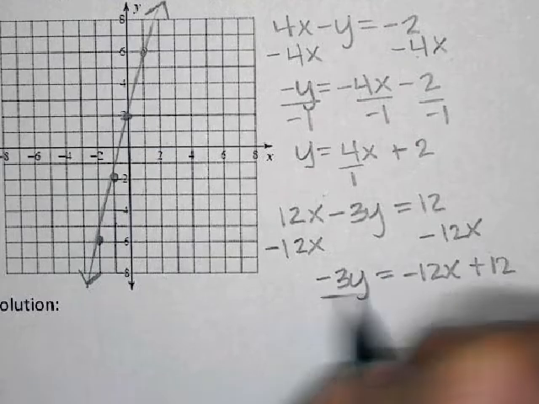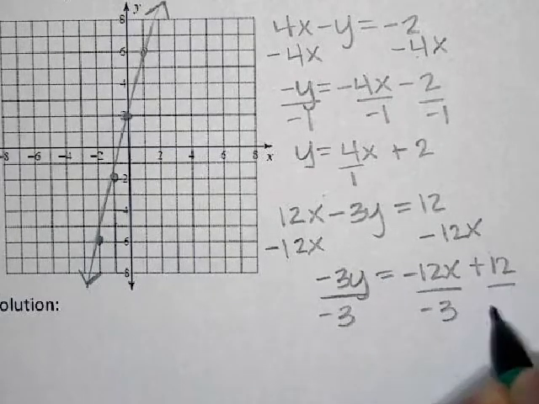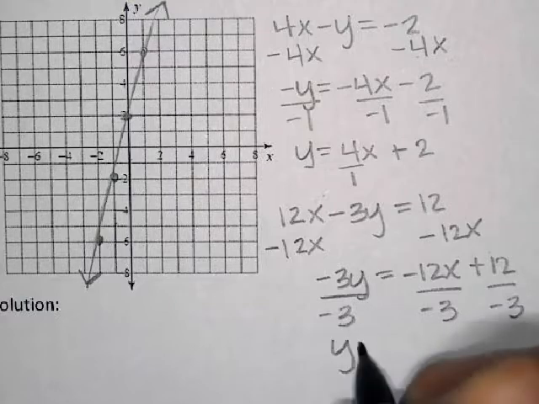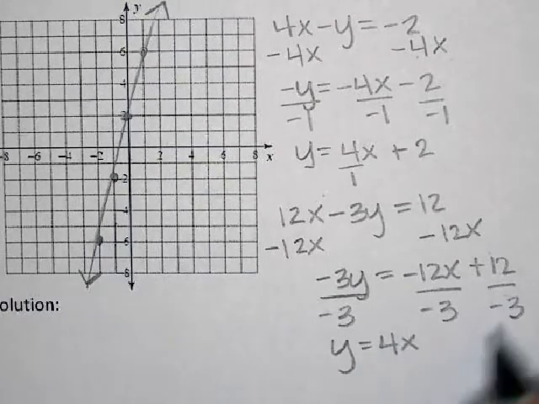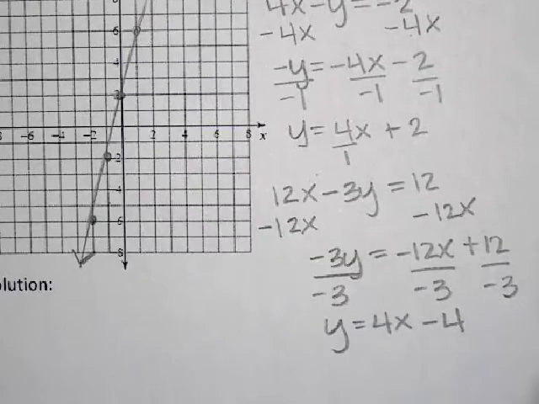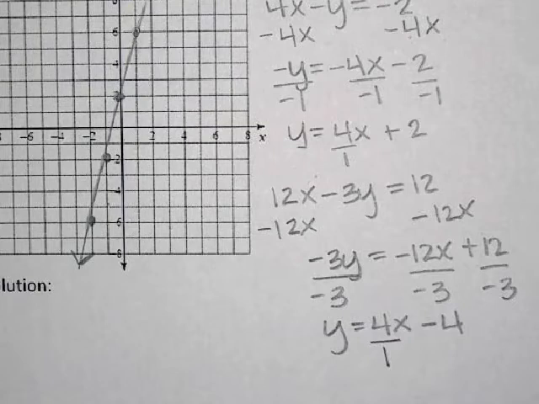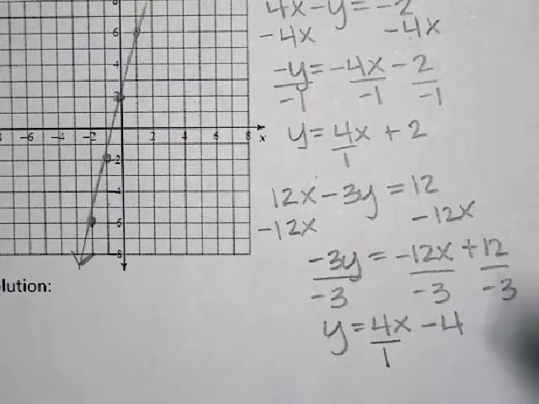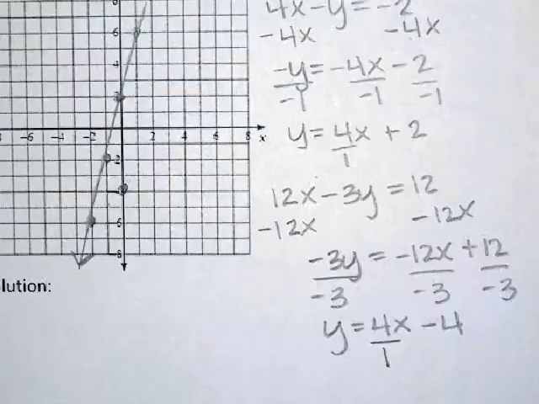Then I'll divide everything by negative 3. So I've got y equals 4x minus 4. Again, I'm going to write my slope like a fraction so that I can graph it easily. This time my y-intercept is negative 4.